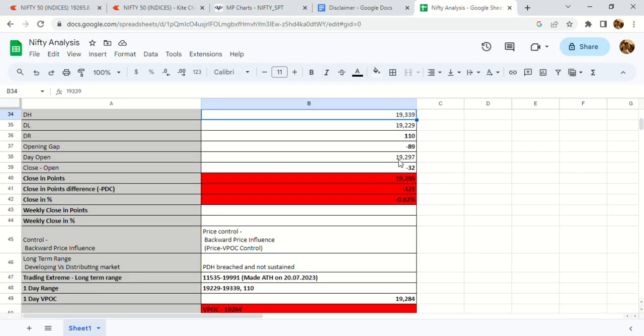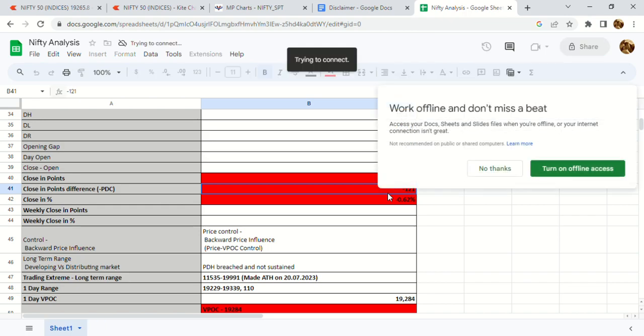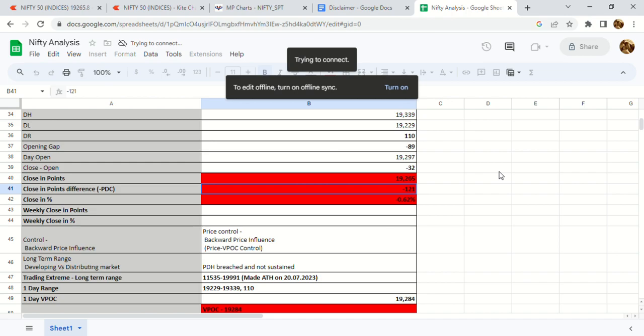Okay, so the range was minus 110, and market eventually closed at 19,265, that is minus 121 points, that is minus 0.62 percentage.